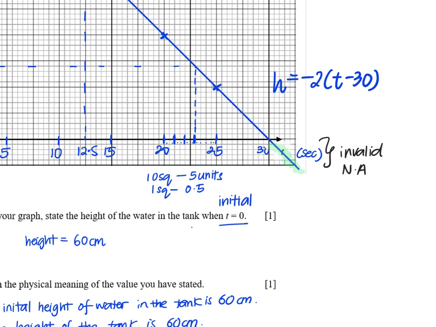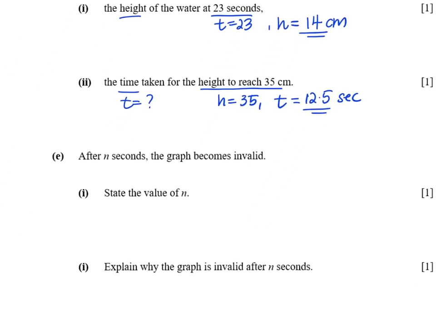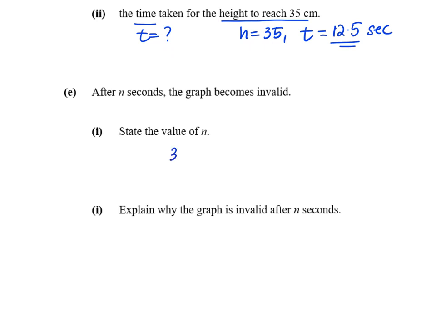And what is the time period, after which time period? The mark point where the height becomes 0, this timing is actually at 30. So after 30 seconds, anything after 30, the graph will be invalid. So what's the value for n? n will be equal to 30. So state the value of n, 30. Explain why the graph is invalid after 30 seconds.